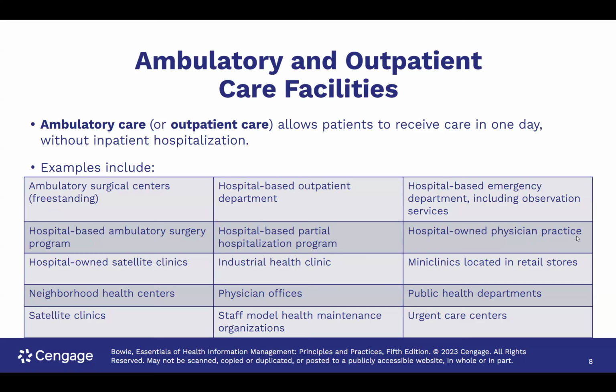These are medical practices that may have an office in the hospital to make it more convenient for a patient who has an acute cardiac event. So sometimes we see those with cardiologists, cardiothoracic surgeries, what have you. So all different types of models here.